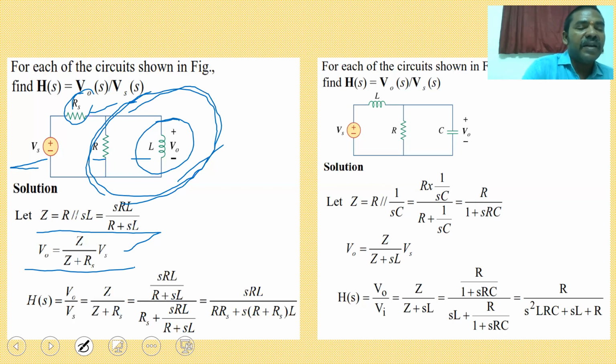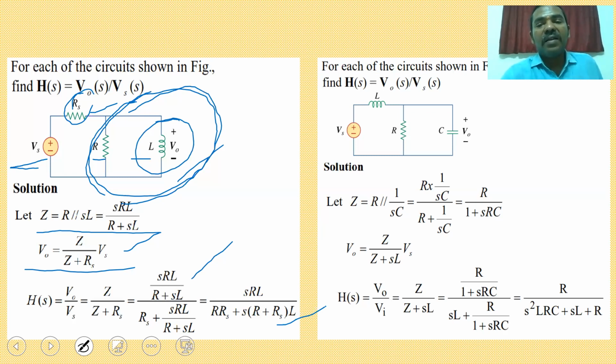So what is Z? S into RL divided by R plus SL, divided by Rs plus SRL divided by R plus SL. So finally you can get SRL divided by R Rs plus S into R plus Rs into L. So like this we have to go for the transfer functions.